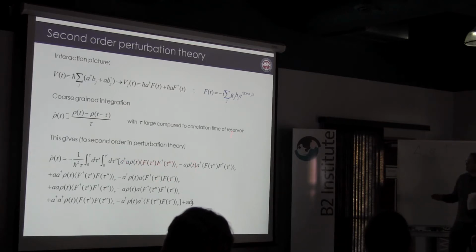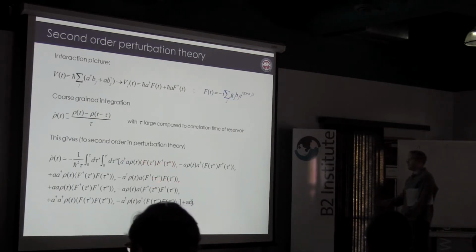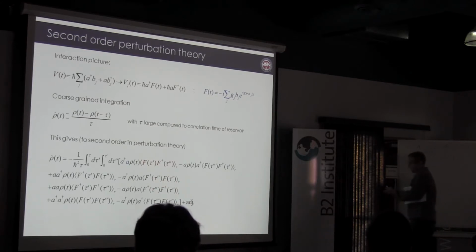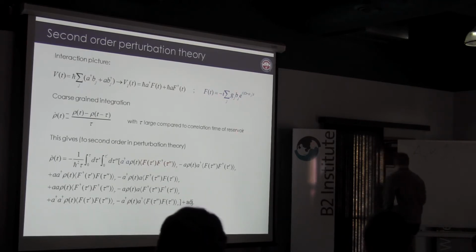if I look at what kind of products these entail, these F daggers of t double prime, F of t, and so on and so forth, since F is a sum over annihilation operators, F dagger is a sum over creation operators.